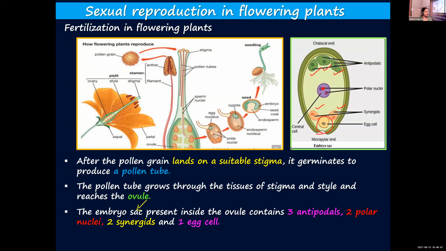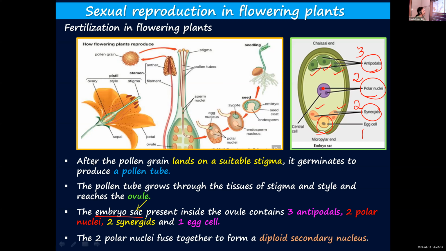And along with the egg cell, there are 2 synergids, 2 polar nuclei, and 3 antipodals. Where are they present? Inside the embryo sac.